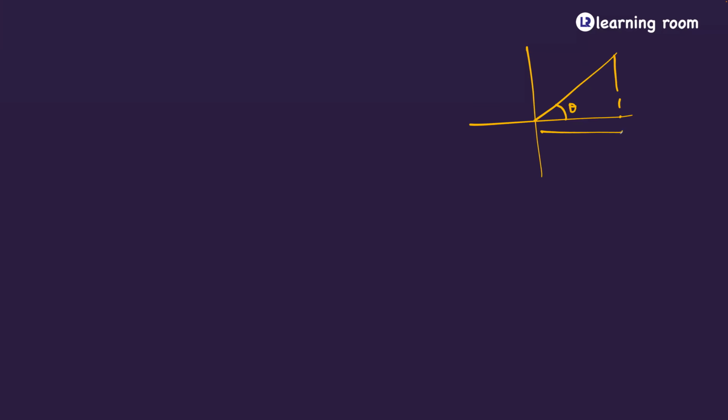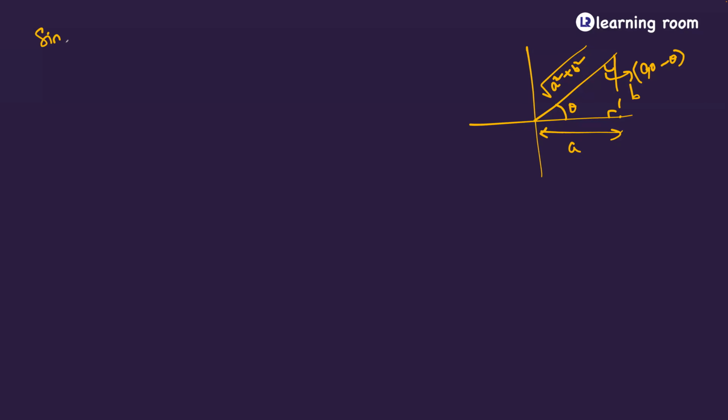If I drop a perpendicular from here, this is A, this is B. Am I right? So this is going to be root of A square plus B square. Now, if this is 90 and this is theta, then how much will this angle be? 90 minus theta.